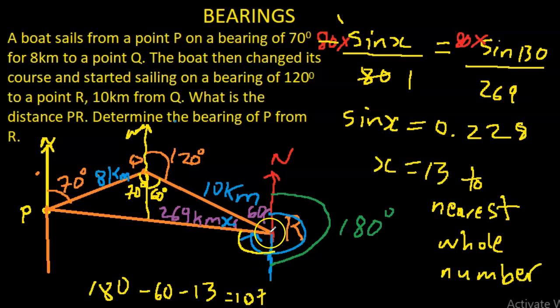So this angle is 107. The bearing you want is from R to P. So here to here is 180, and then this piece here is 107. So it's 180 plus 107.